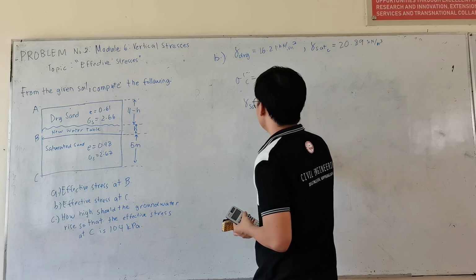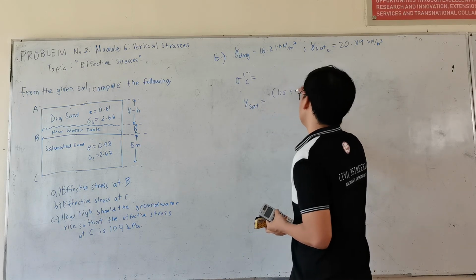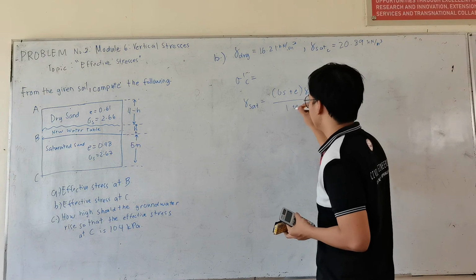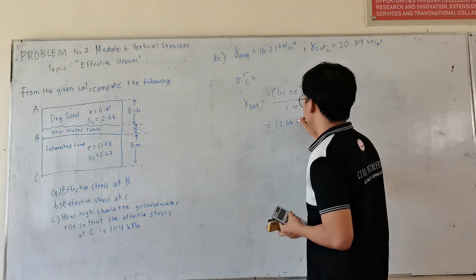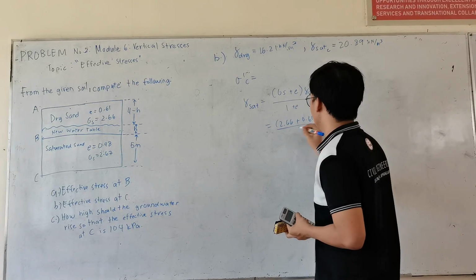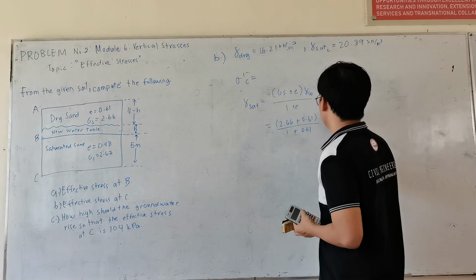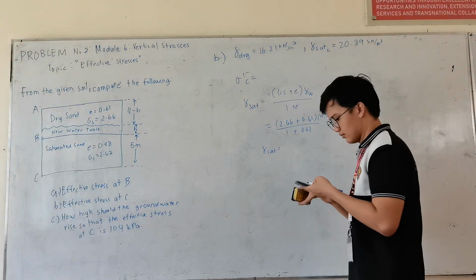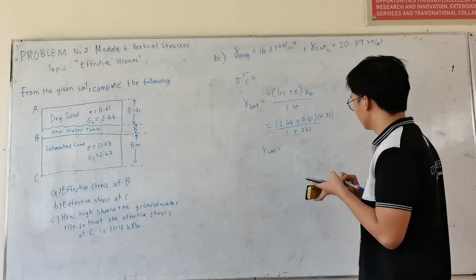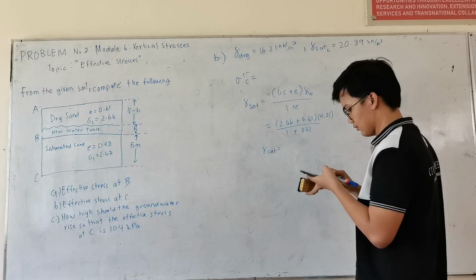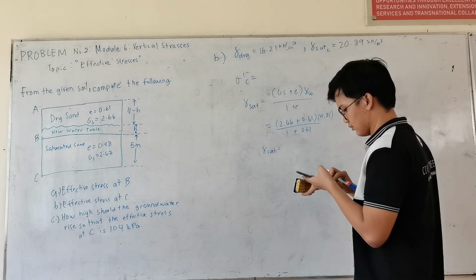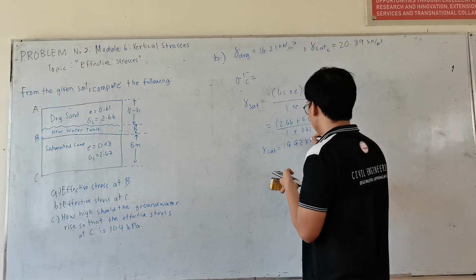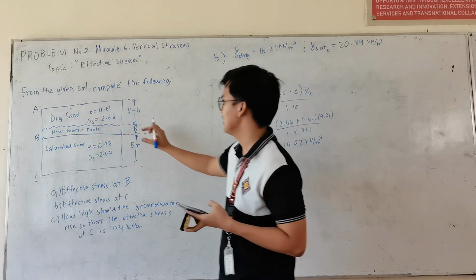So, y sat is equals to GS plus void ratio times unit weight ng water over 1 plus void ratio. Kilonewton per meter cube. Ito yung unit weight natin sa portion na ito.